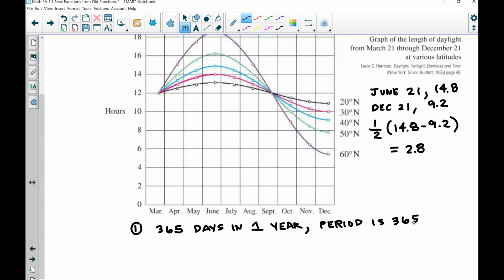But the period of y equals sine t is 2 pi. Because if you recall, the period of the sine curve is 2 pi.